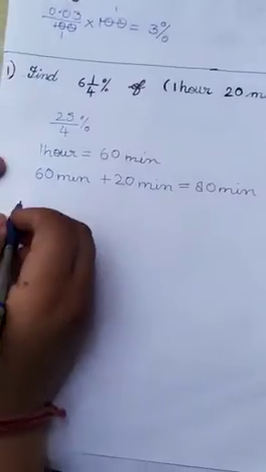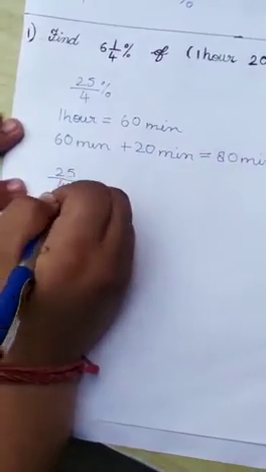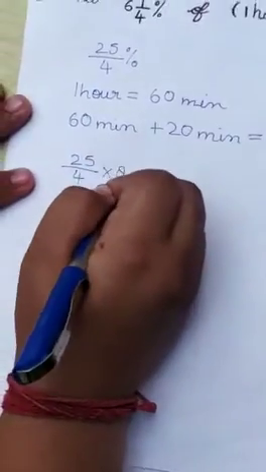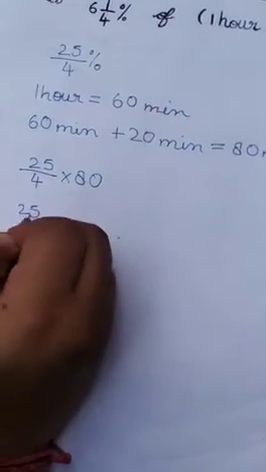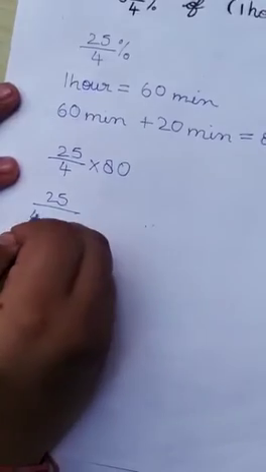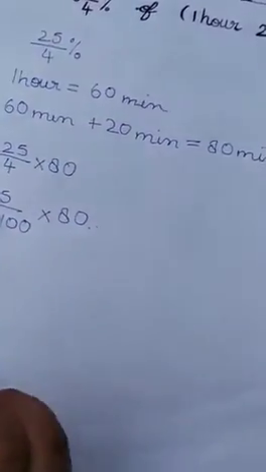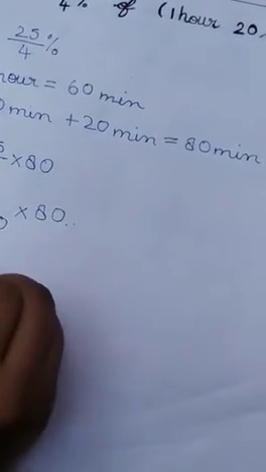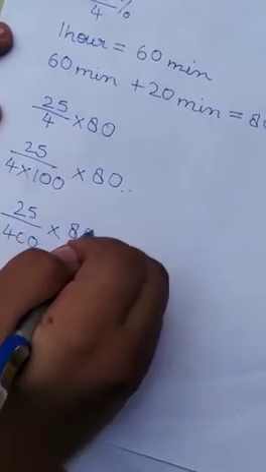Now the sum is formed like this: 25 upon 4 into 80. Since there is percent, we will write like this: 25 upon 4 into 100 into 80, so 25 upon 400 into 80.